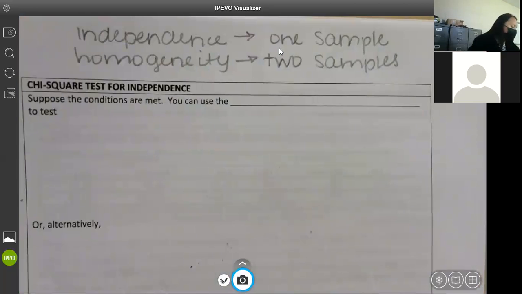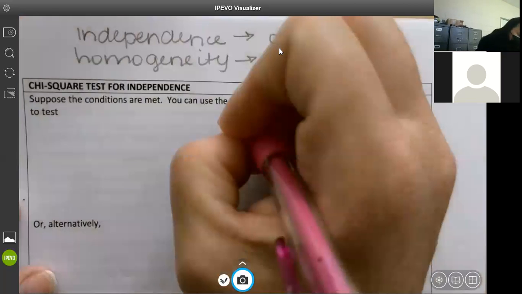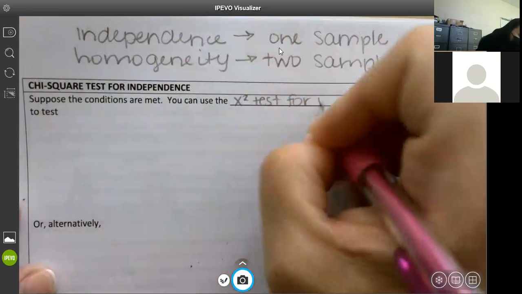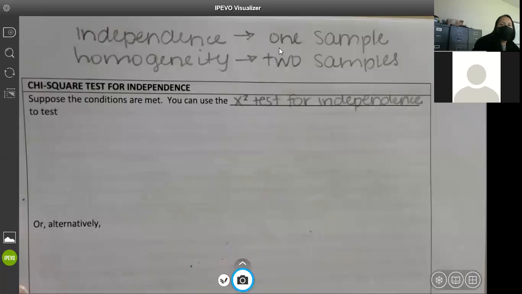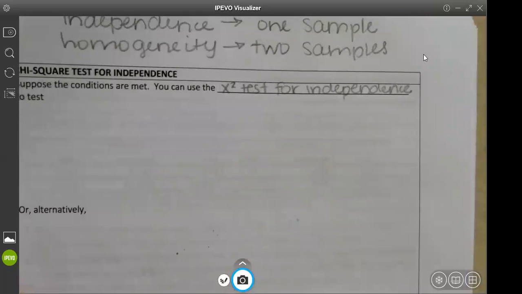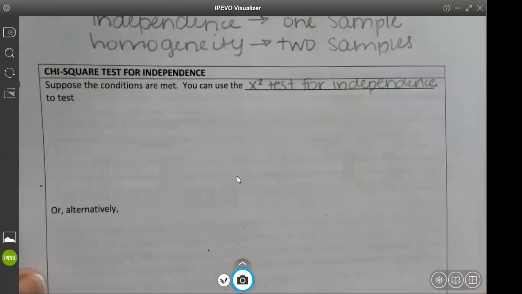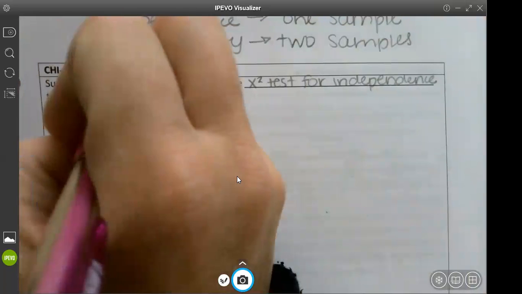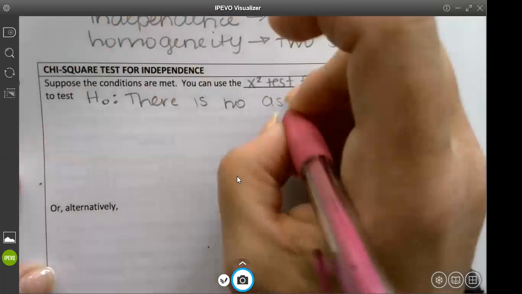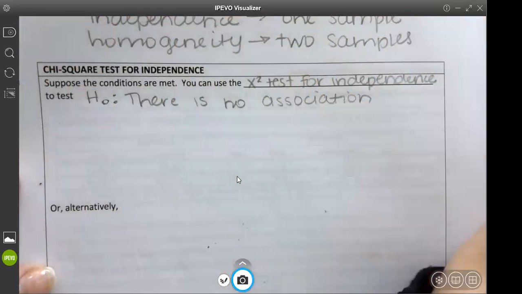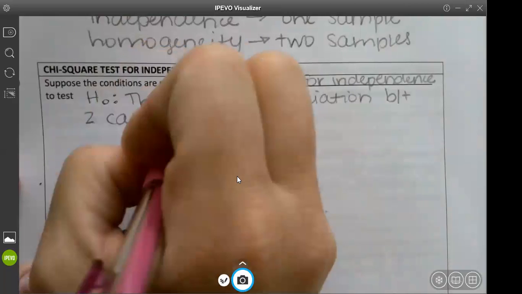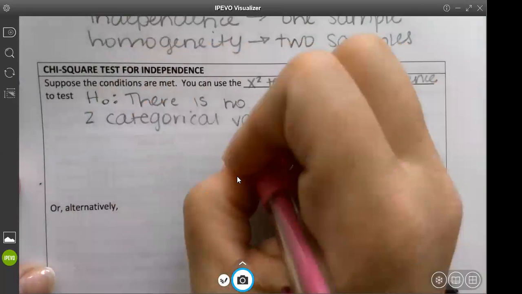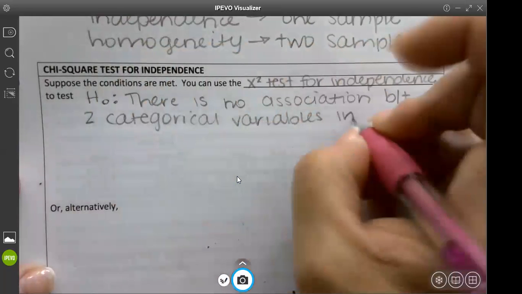So suppose the conditions are met, you can use the chi-square test for independence to test your null hypothesis: there is no association between 2 categorical variables in the population of interest.